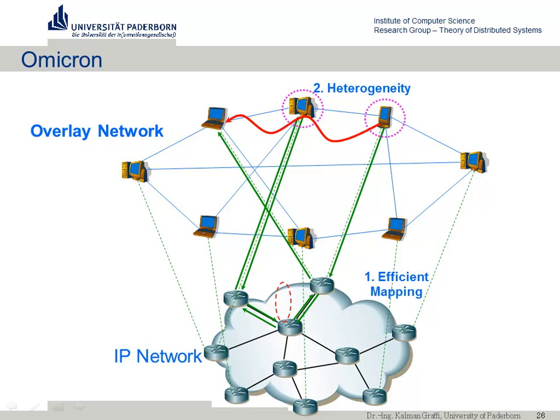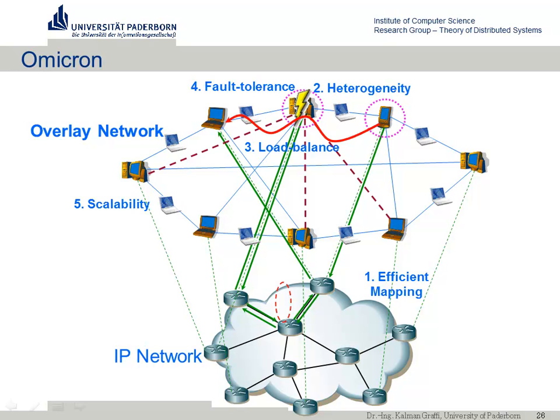What also should be considered is heterogeneity. That means weak peers and strong peers should have different roles. And load balancing, you also want to take that into account. Fault tolerance if nodes fail, of course, and scalability.